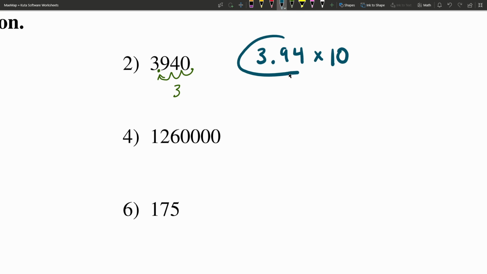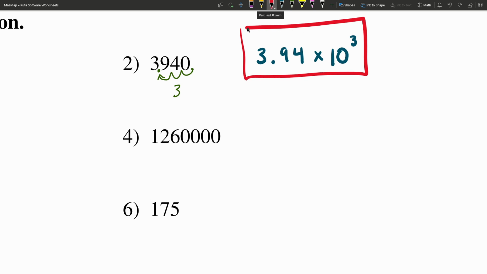Well, let's think about this number, 3.94. 3.94 is smaller than our original value of 3,940, so we would want that exponent to be positive, so we would get 3.94 times 10 to the 3rd. And here is our solution in scientific notation. So if you envision taking 3.94 and multiplying it by 10 to the 3rd, that's multiplying it by 1,000. 10 to the 3rd is 1,000. Here's those 3 zeros for which I moved my decimal point, those 3 places.